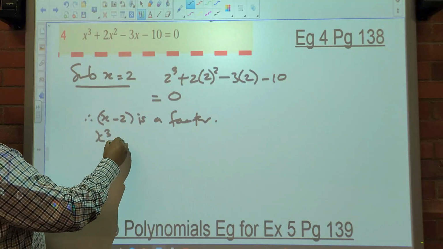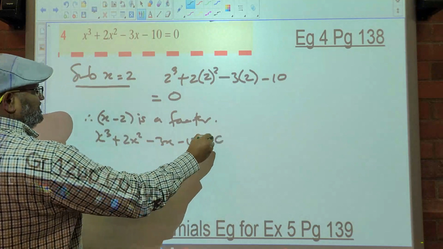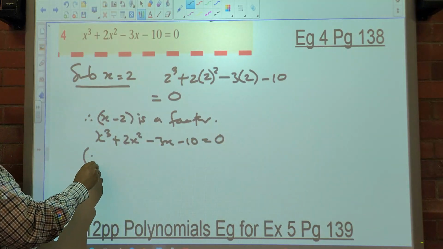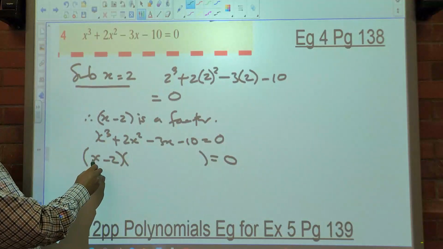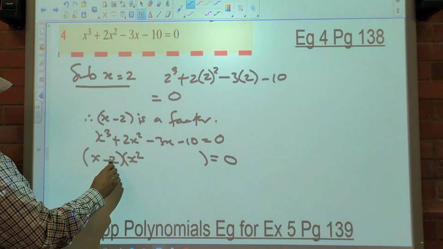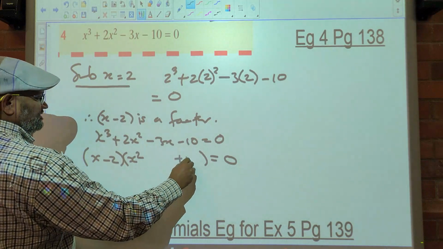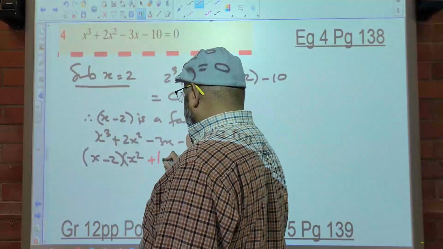So we have x cubed plus 2x squared minus 3x minus 10 equals 0, and I have x minus 2. So x times what is x cubed? x squared. Negative 2 times what is negative 10? 5. So what do I add here? x.